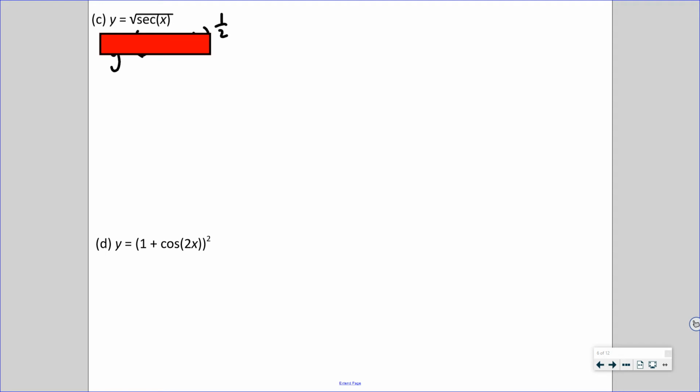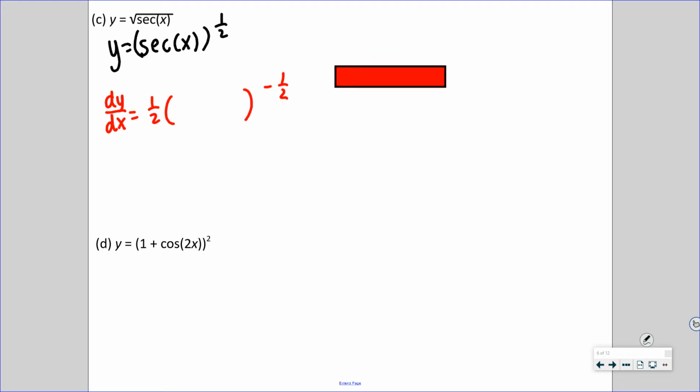Now I'm going to take the derivative: I bring the 1/2 in front, red box, drop 1 from the power. Whatever is my inside stays the same. Chain rule part: now I have to multiply by the derivative of the inside. The derivative of secant is secant tangent.